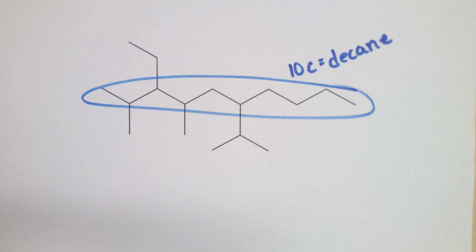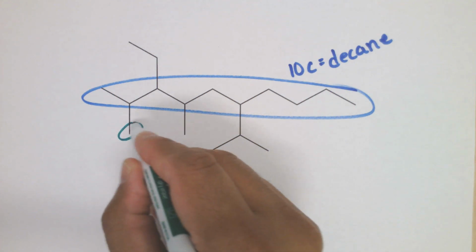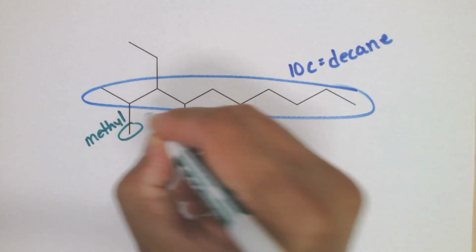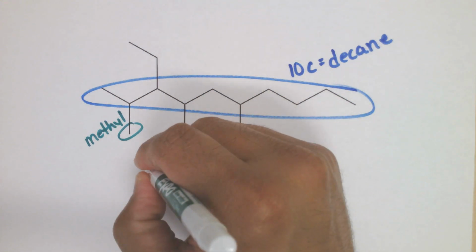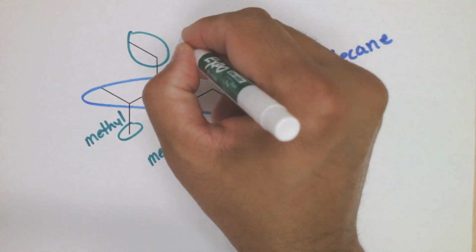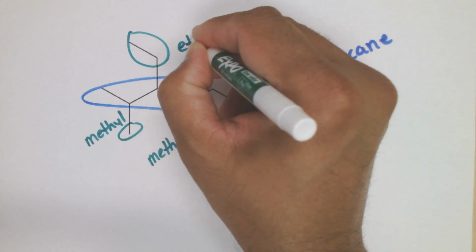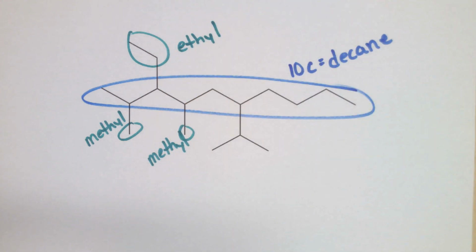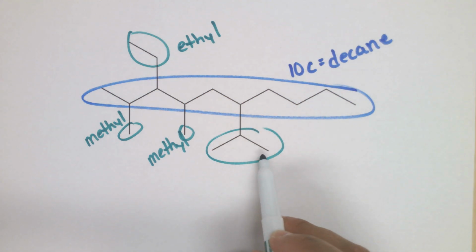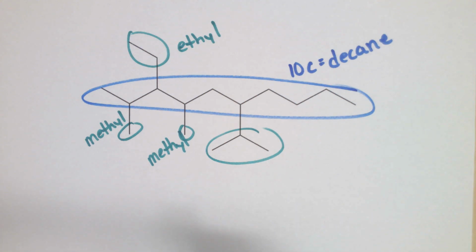Let's identify the substituents next. A 1 carbon substituent is a methyl. Here's another methyl group. Branching off of the parent at the top here is a 2 carbon alkyl group. This is the ethyl group. And interesting, right here we have the 3 carbon substituent. So this is a propyl.